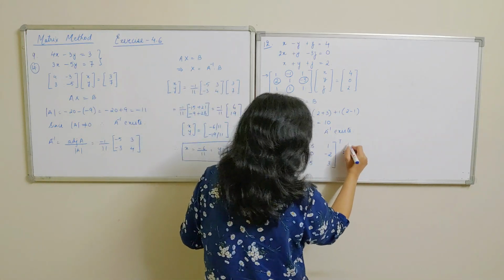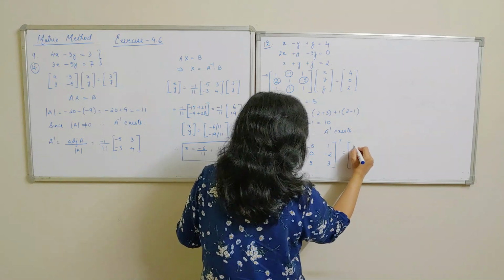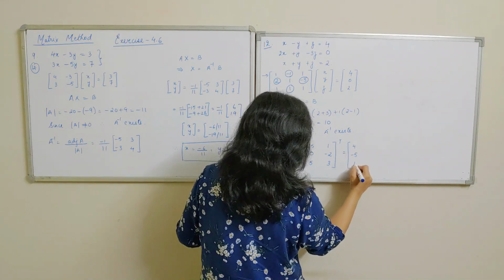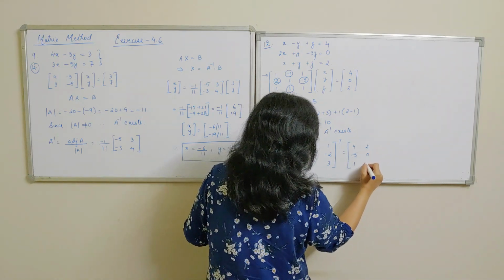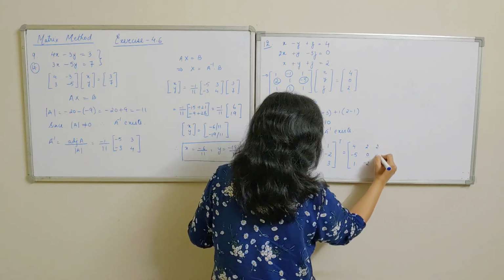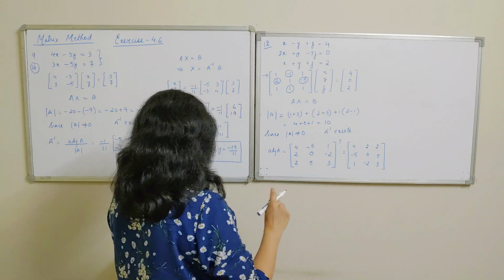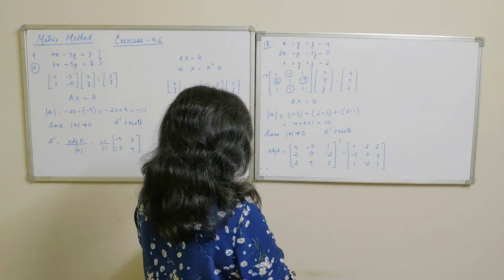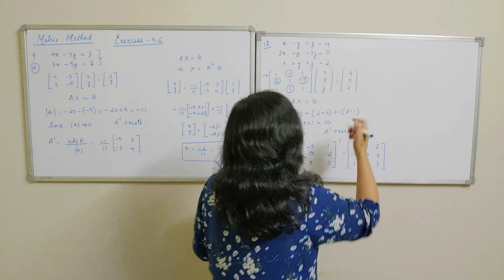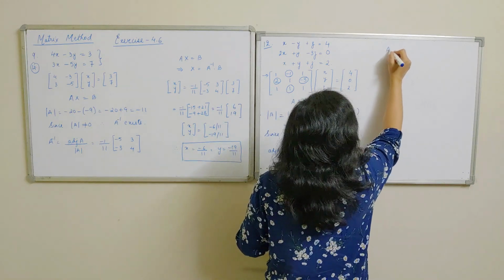And then finding its transpose. 4, minus 5, 1, 2, 0, minus 2, 2, 5, 3. Okay, so we have got the adjoint of the matrix, and next step, we will find the inverse.